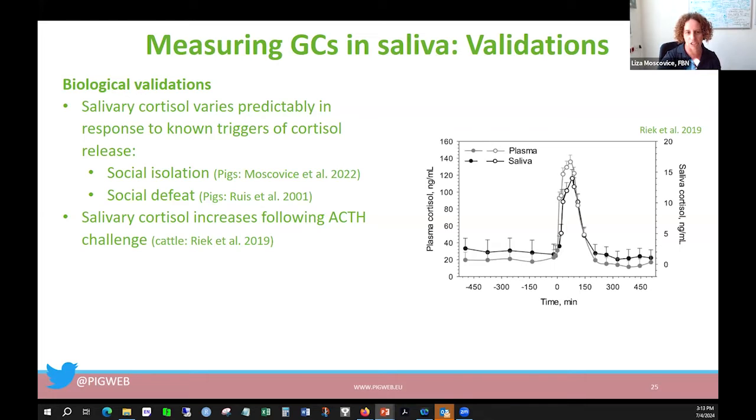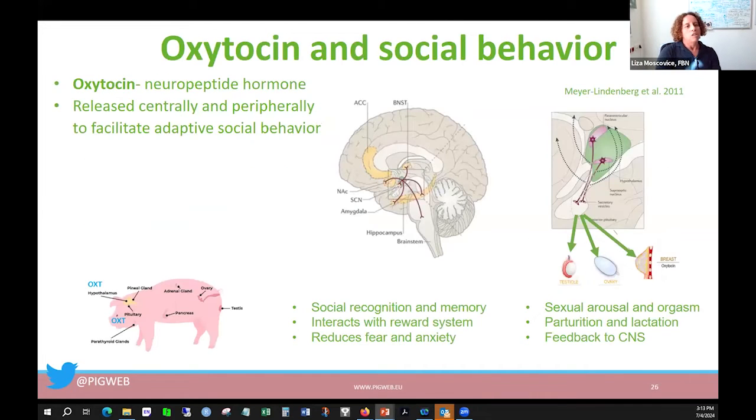And you see at the time of injection, increases in salivary cortisol, in the black bars here, and corresponding increases in plasma cortisol concentrations in the gray. So we see that if we apply an external agonist, we get the expected changes. So in general, cortisol and other steroid hormones are really well validated to be measured in saliva.